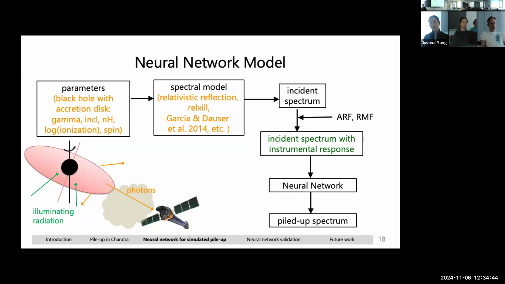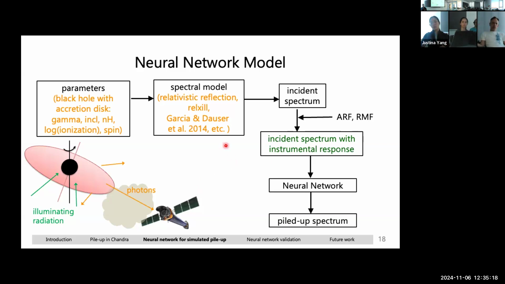And the particular case of parameters and spectra that I'm going to talk about is, again, thinking of the case of a black hole with an accretion disk. So the various parameters, which I'll show later on, are the power law index of radiation surrounding the accreting black hole, the inclination of the black hole relative to the accretion disk, the column density of hydrogen along the line of sight to the source, the ionization of the accretion disk, and the spin of the black hole.